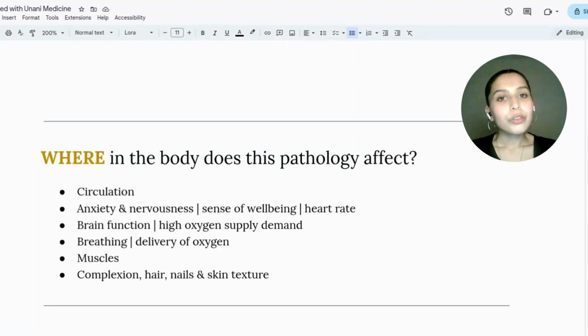Because of that increased heart rate that is typical amongst anemics, it can mirror or manifest symptoms like anxiety and even depression. So anxiety, that increased heart rate can make individuals feel more anxious or stressed or just flustered.